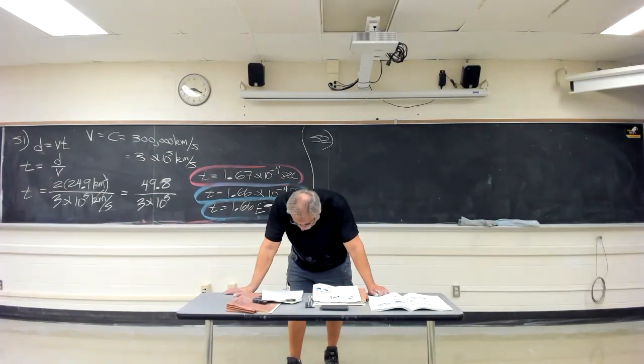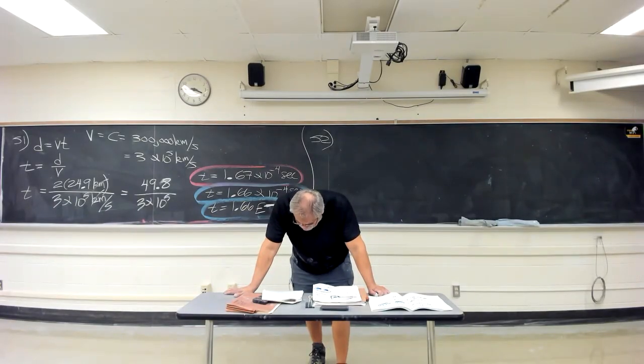All right, guys, for problem number 52, an observer is moving in space toward a distant star at 50 kilometers per second, while the star is moving toward the observer at 180 kilometers per second. The observer is moving toward it, and the object is moving toward them.